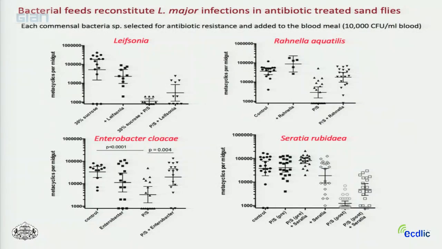In each case, they could reconstitute at least a little bit the ability of the antibiotic-treated flies to support the development of metacyclics. So it didn't seem to make so much difference what bacteria, as long as you reconstituted at least some of the normal bacterial populations in the gut, the parasite would develop better.